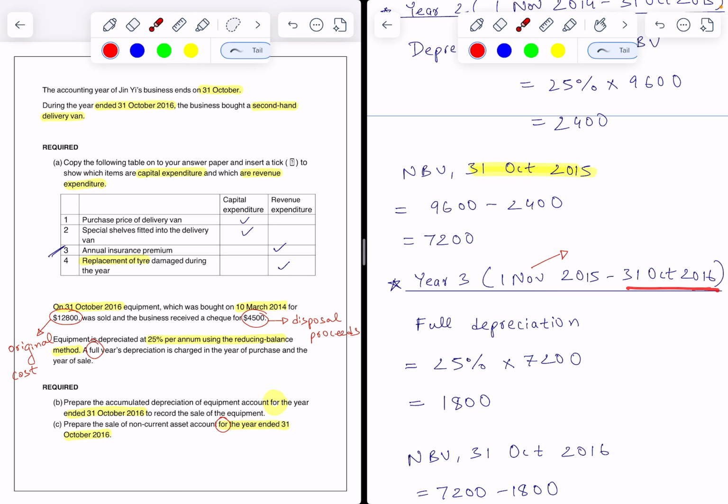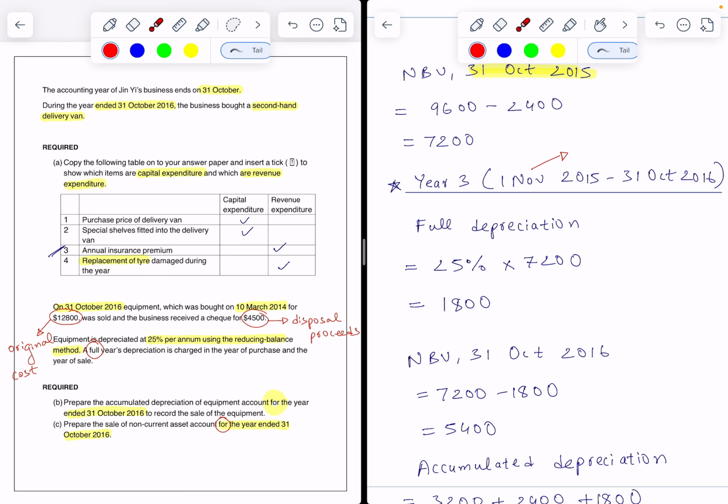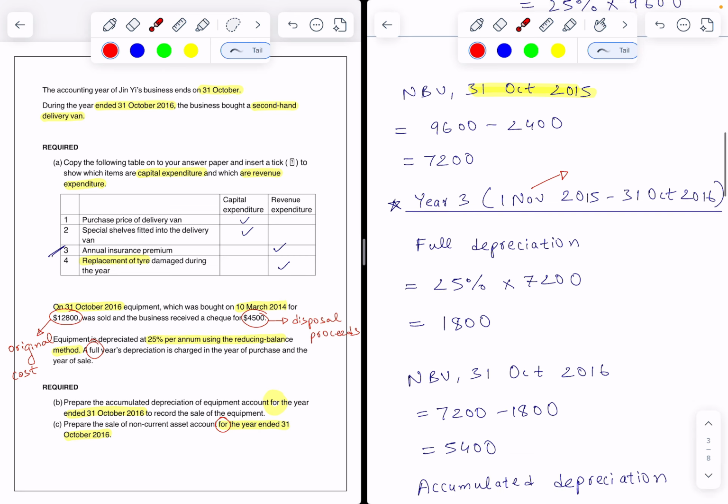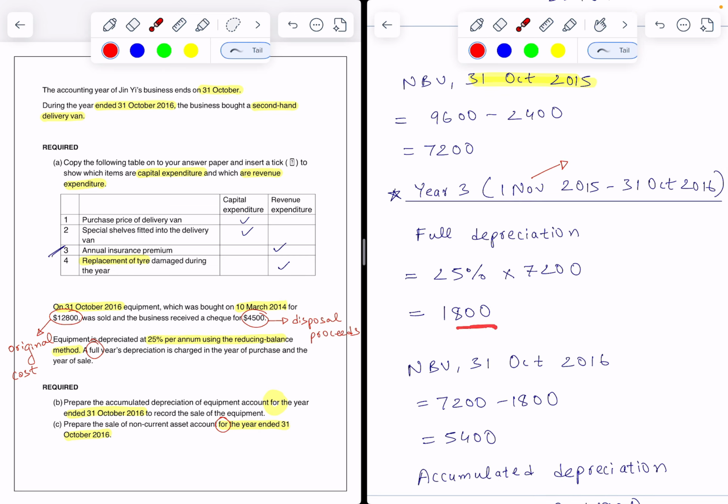So the asset was in use for the entire 12 months. The full depreciation here is calculated by simply taking the given percentage of 25 and multiplying it with the net book value of $7,200, which we had at the end of year 2. That gives us a full depreciation of $1,800 in year 3.